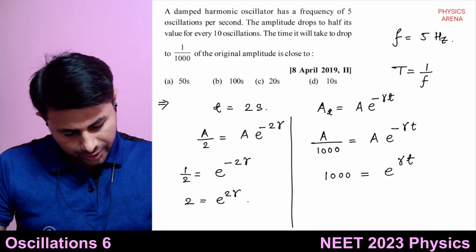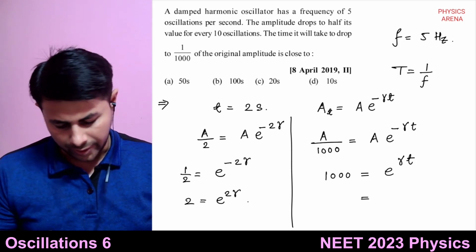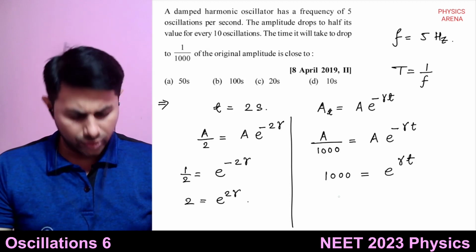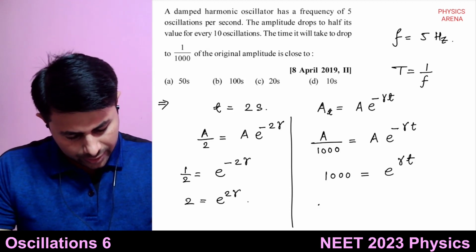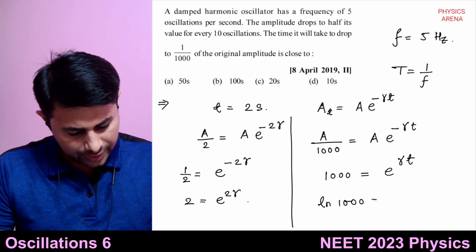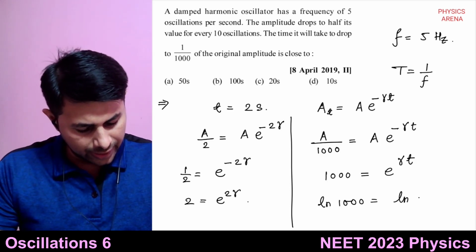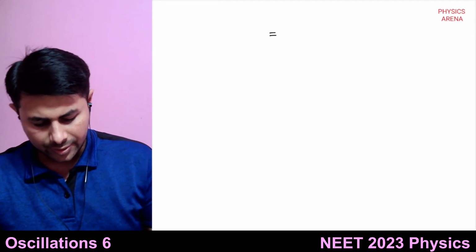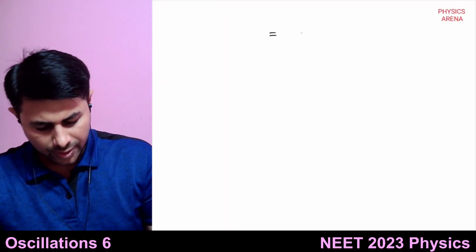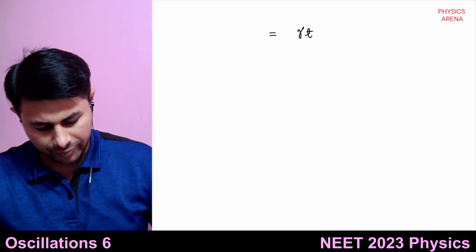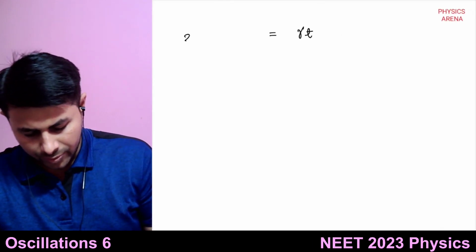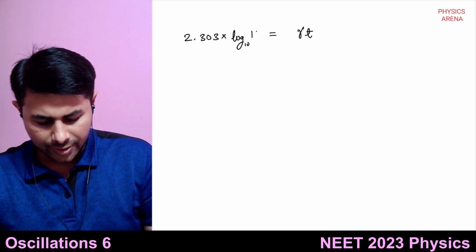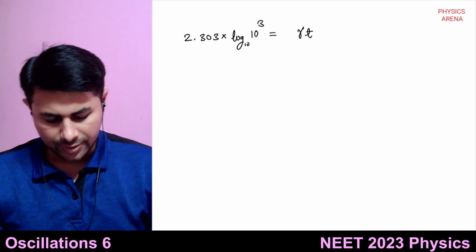Then we can take log of this. So ln of 1000 is equal to ln of e raised to gamma t, and from that we get gamma t is equal to 2.303 multiplied by log to the base 10 of 1000, which is 10 raised to 3.